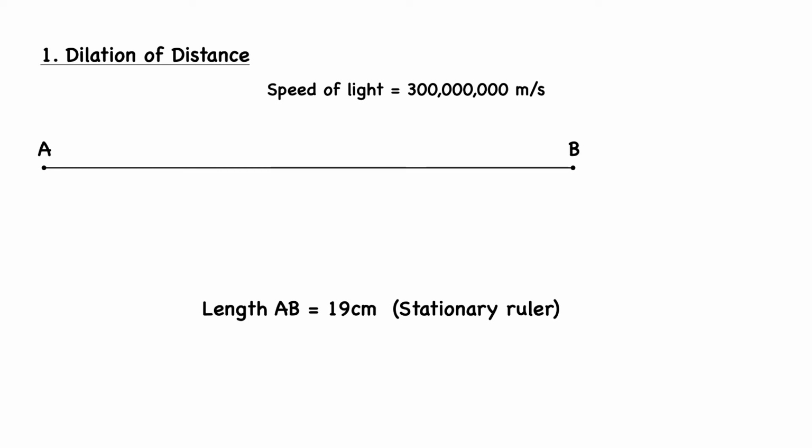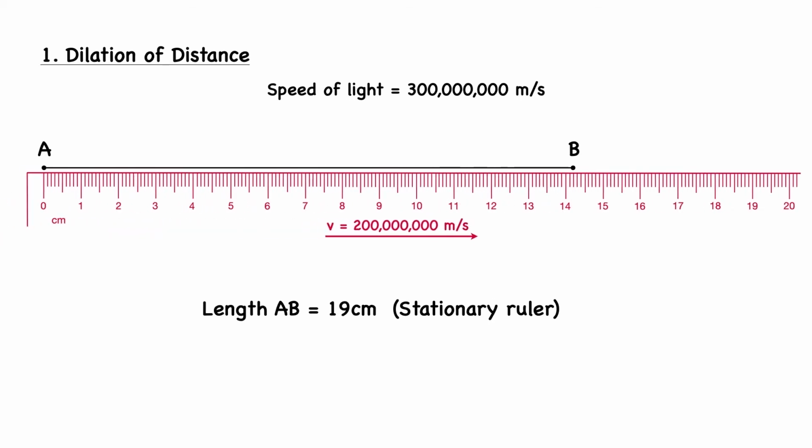So what I've actually done is created a snapshot to show you what the ruler would look like if it was travelling at 2/3 the speed of light and had been captured at the instant the zero aligned with point A. Here goes. There.